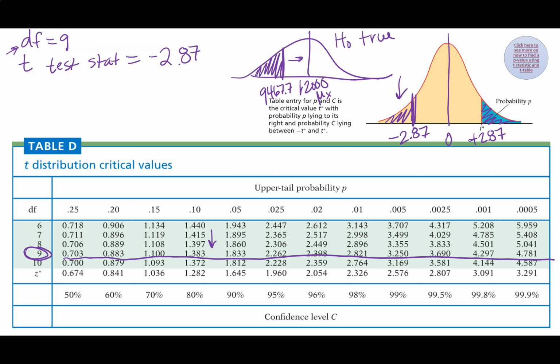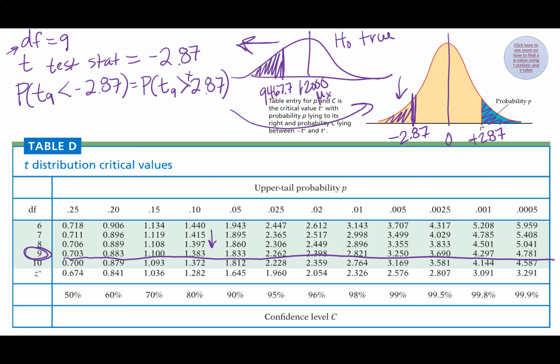So you don't want to go towards the mean, you want to go away from the mean. So I'm going to have this lower tail here. So probability that my t-statistic with 9 degrees of freedom is lower than negative 2.87. That's the same as probability that t9 is above positive 2.87. That's what I was arguing here with this symmetry.